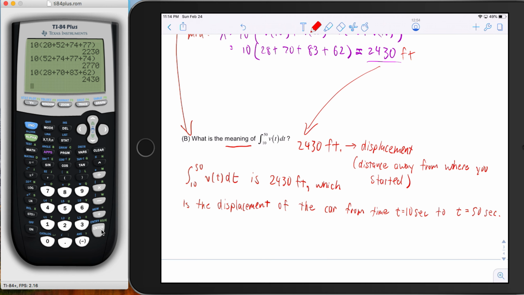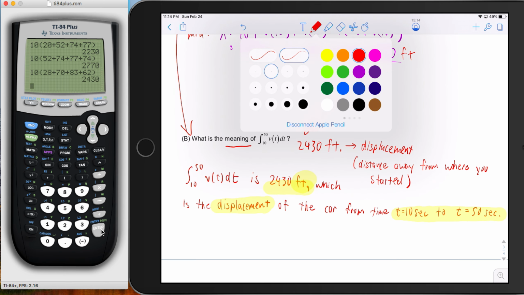Okay, so let's highlight some key points that we gotta include. So anytime they ask for the meaning, I would include the actual value with the units, the actual meaning of the integral expression, and the time interval. Okay, those three things are important.